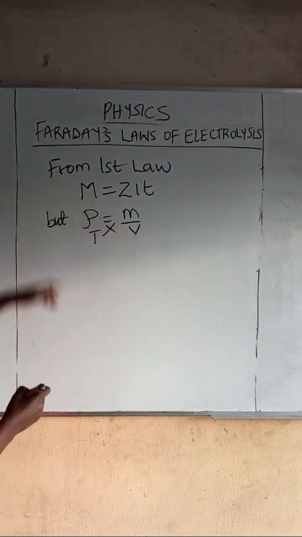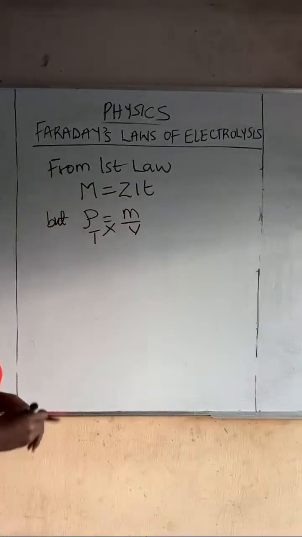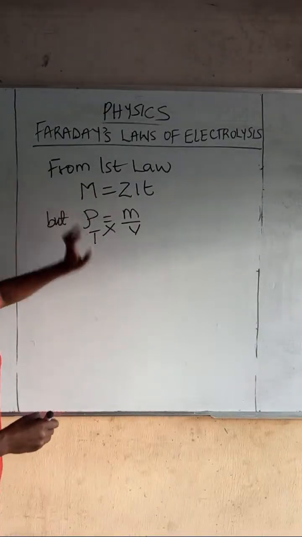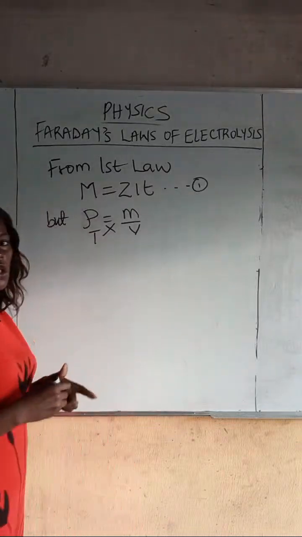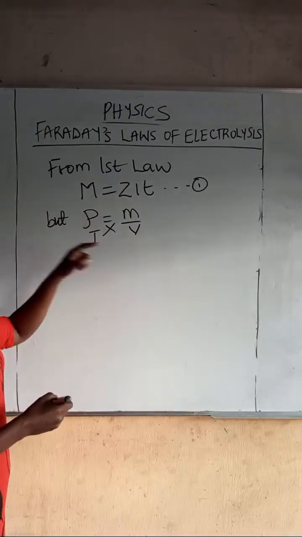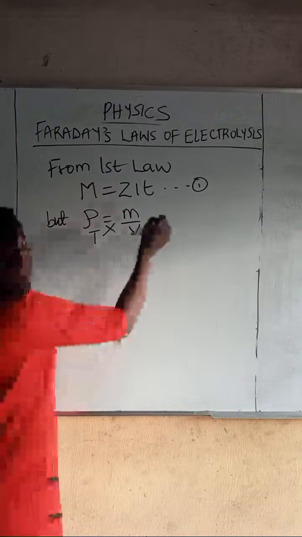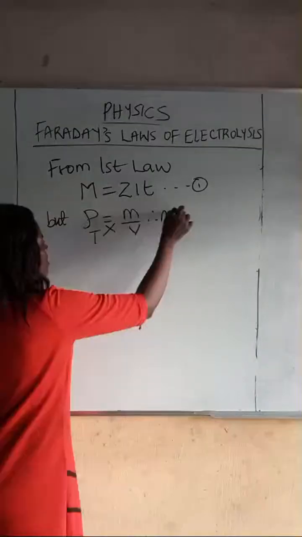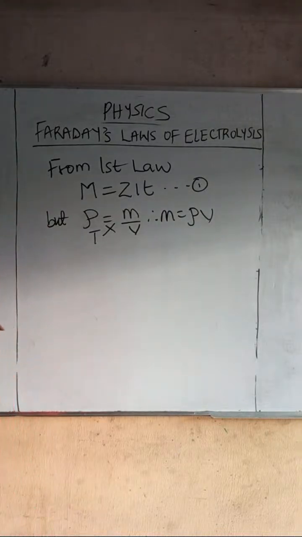Okay, from the first law, mass is equal to ZIt. I want to derive another formula. This is equation 1 that we can also use to solve problems on electrolysis. Now, if I want to make mass the subject, I'll cross multiply. Mass is equal to density times volume, right?